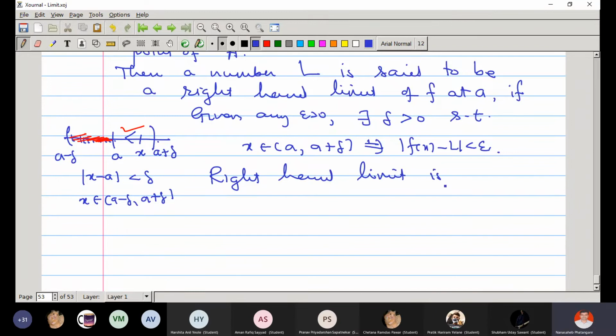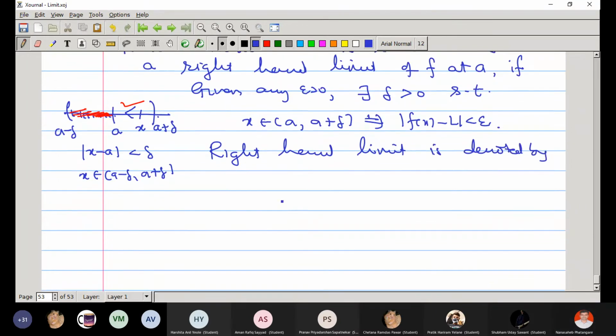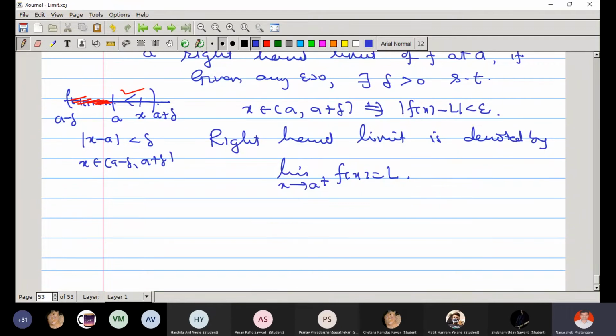limit is denoted by limit x tends to a plus of f(x) is equal to L. So what does it mean? Limit x tends to a plus of f(x) means approaching from the right hand side, and it is equivalent to this.